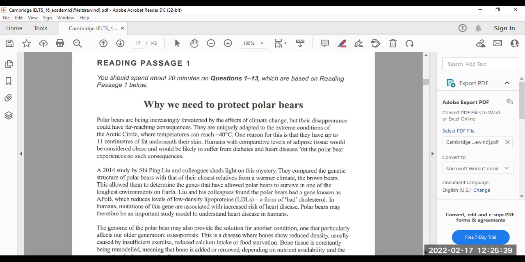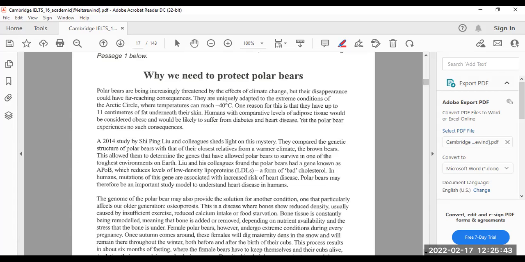Polar bears are being increasingly threatened by the effects of climatic change, their disappearance, and are uniquely adapted to the extreme conditions of the Arctic Circle, where temperature reaches minus 40 degrees Celsius. And there is 11 centimeters of fat under their skin, adipose tissue. In 2014, a study by Xinping Liu and his colleagues sheds light on this mystery.